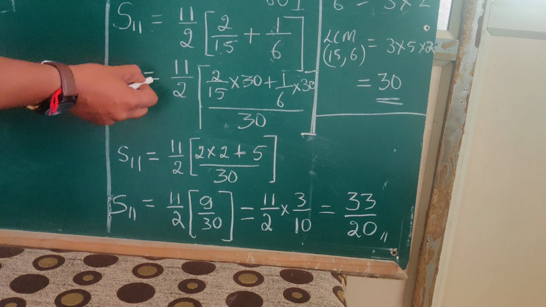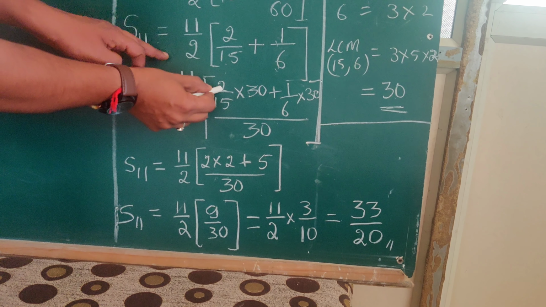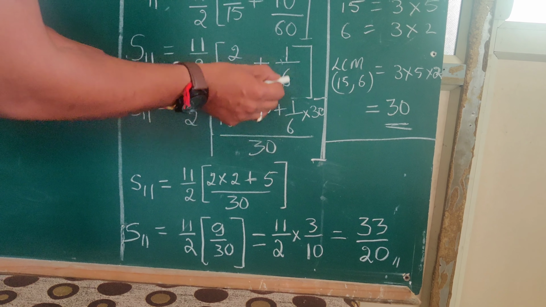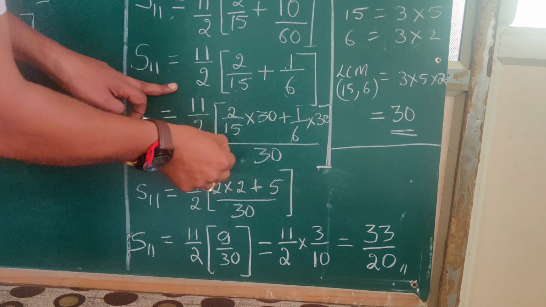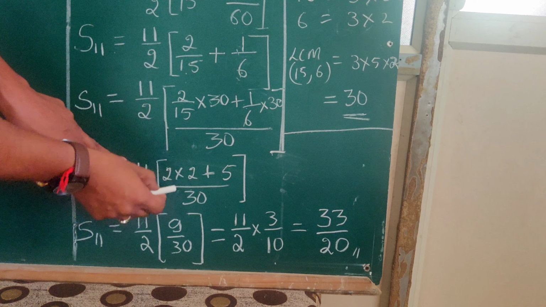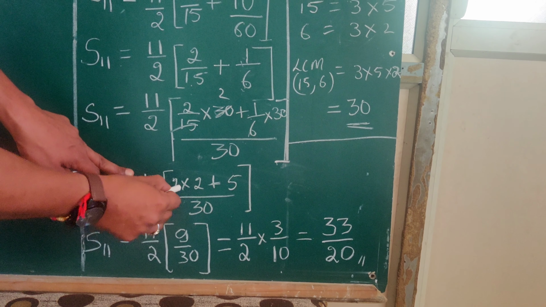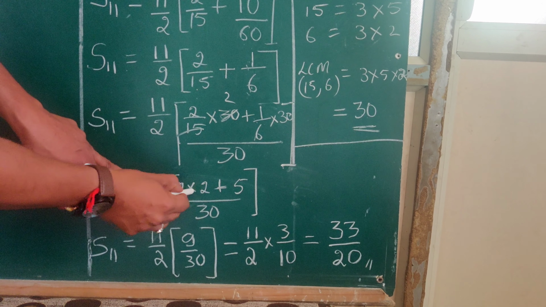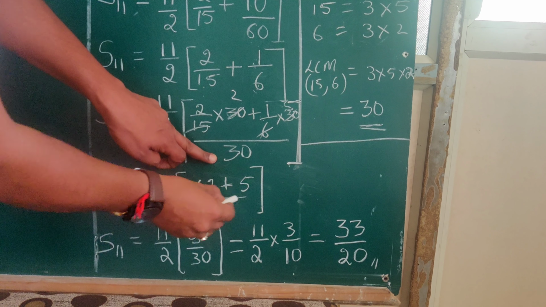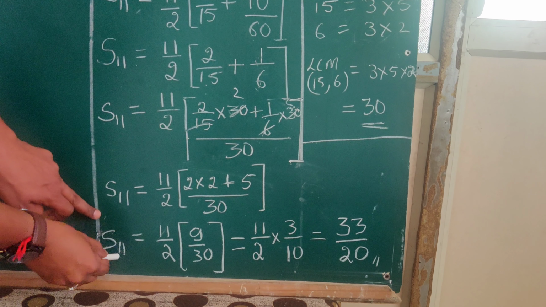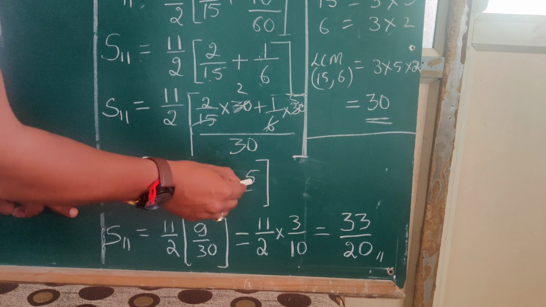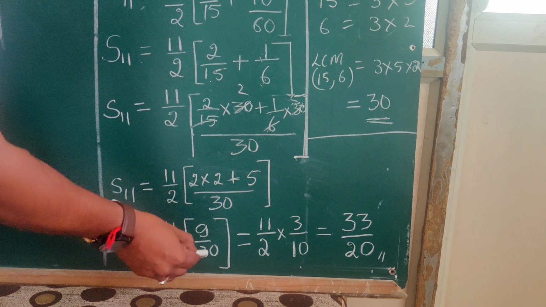Thus we get S11 is equal to 11 by 2, into 2 by 15 into 30, plus 1 by 6 into 30, whole divided by 30. 11 by 2 kept as it is. 15 2 times is 30, so 2 into 2 it becomes, plus 6 5 times is 30, so 5, divided by 30. Now S11 is equal to 11 by 2, 2 into 2 is 4, 4 plus 5 is 9, 9 by 30 kept as it is.